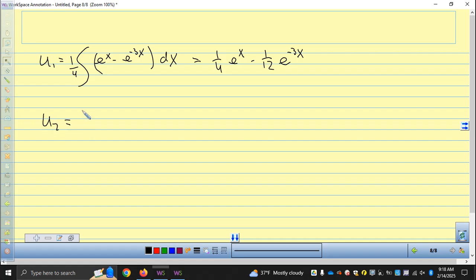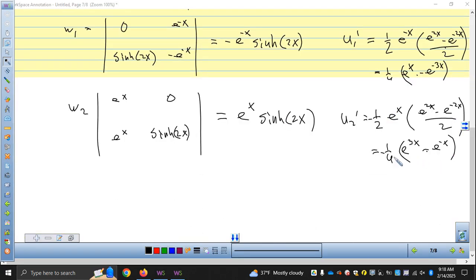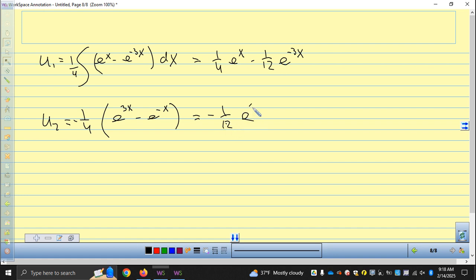And u2 is negative 1/4 the integral of e to the 3x minus e to the minus x, which is negative 1/4, negative 1/12 e to the 3x plus e to the minus x.